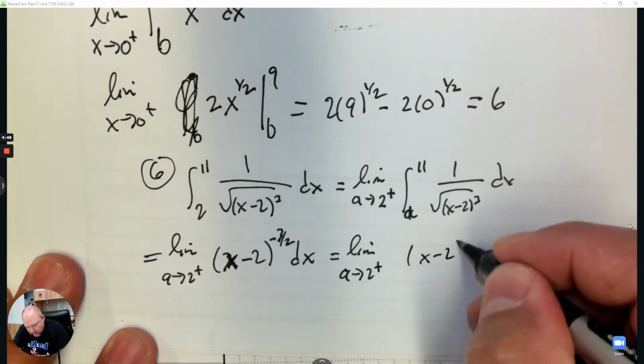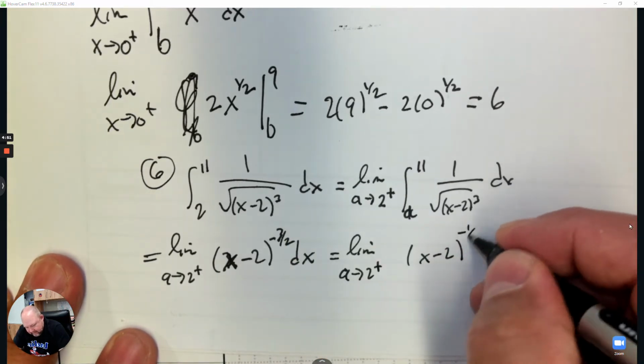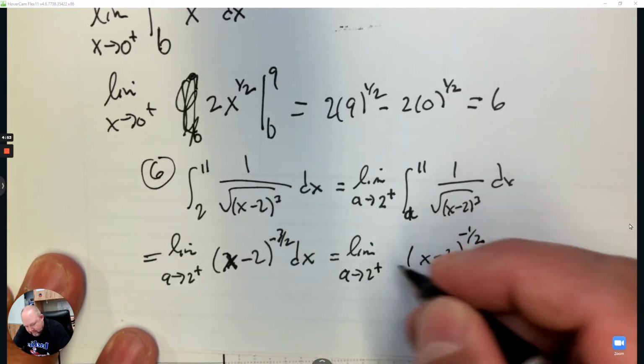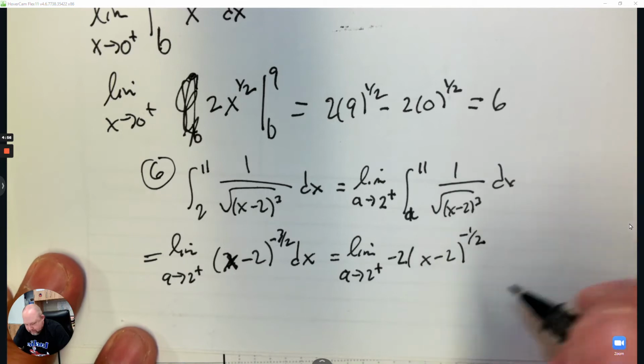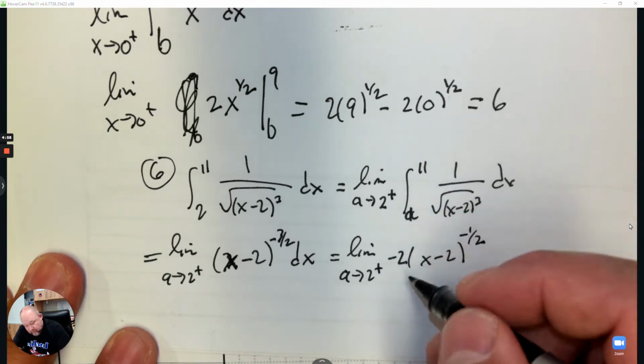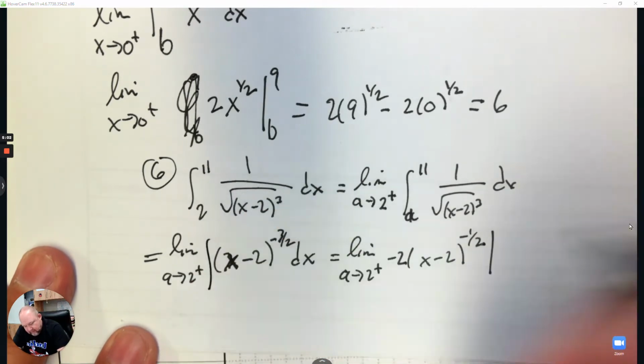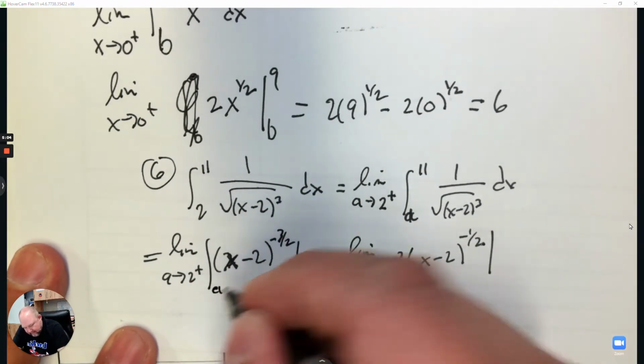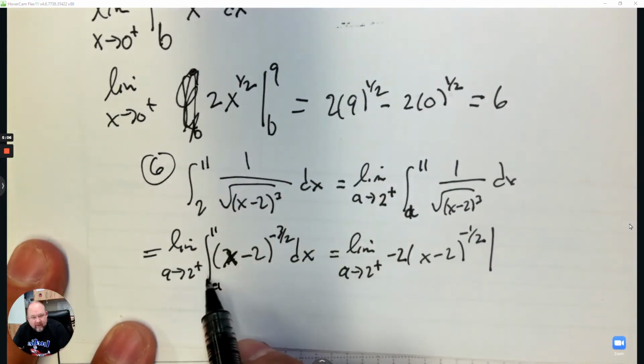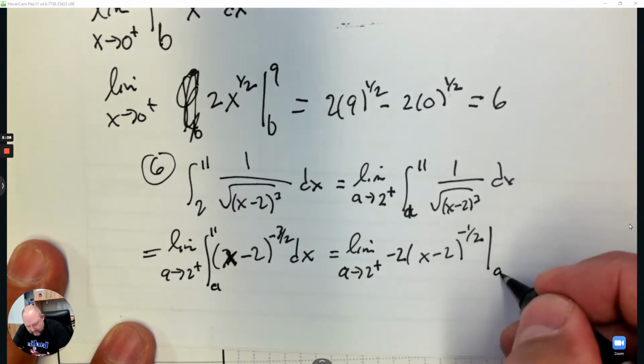So we're going to add 1 to the exponent, that's negative 1/2, and then multiply times the reciprocal. We still need an integration sign here that goes from a to 11. After I actually integrate, then I can draw from a to 11.